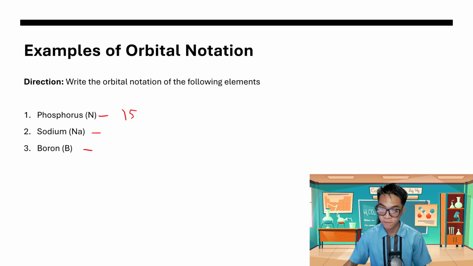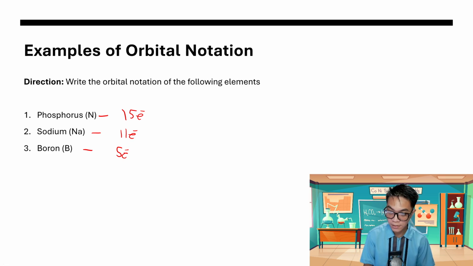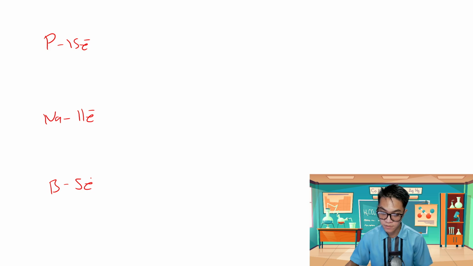So phosphorus is 15 electrons, sodium is 11 electrons, and boron is only 5 electrons. I'll just write it down here on our whiteboard. Phosphorus has 15 electrons. Sodium has 11 electrons. And lastly, boron has 5 electrons.